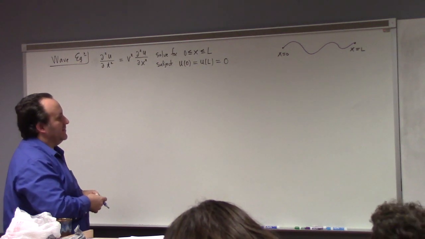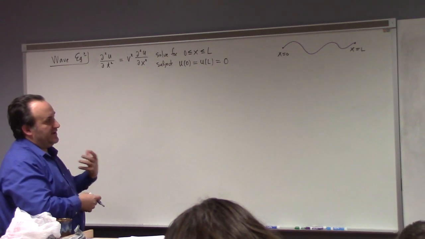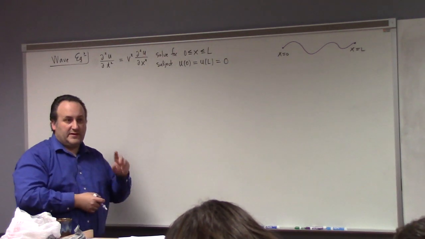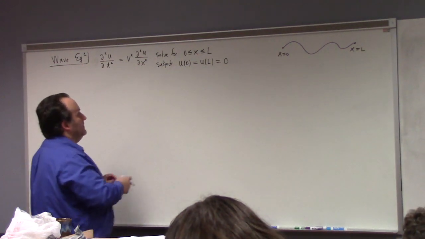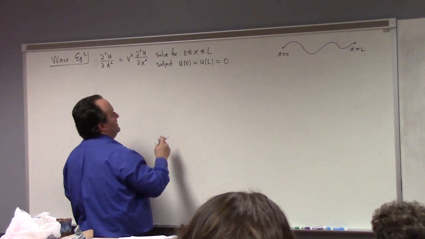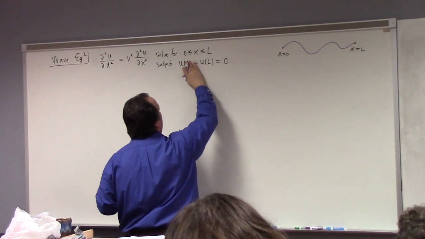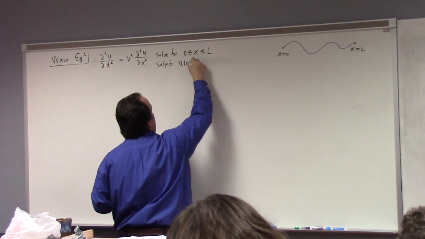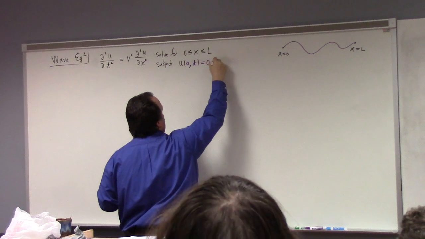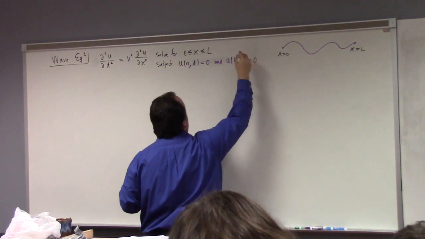Now, in order to make this problem meaningful, we have to start by explaining how the string is initially set up. So we need two things: the initial position and also the initial velocity. So let's see here. Oh man, I did it again. u is a function of two variables, right? So I have to say u of 0 comma t equals 0 and u of L comma t equals 0.